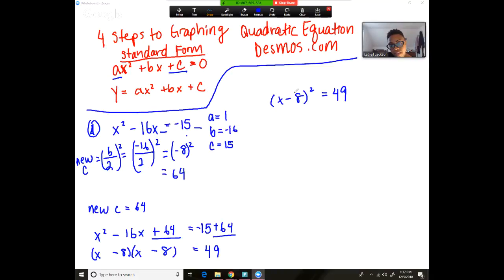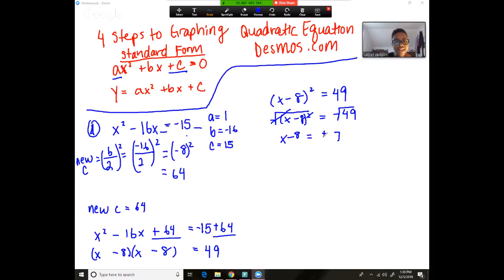So first we do the opposite of squaring, which is square rooting. So we square root both sides. This squishes out this square. On the other side, we square root 49. Square root of 49 is 7, but it's actually plus or minus 7.